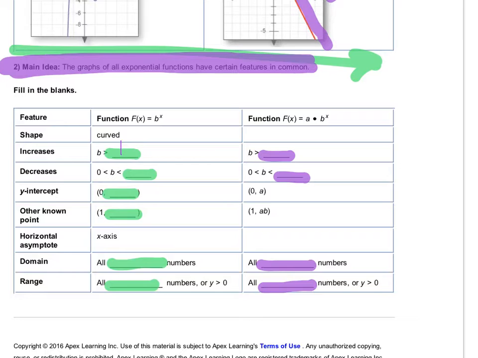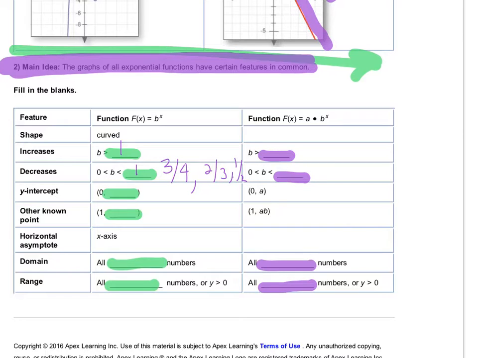It decreases if b is greater than 0 but less than 1. An example there would be a fraction like 3/4, or 2/3, or even a half. That would be an example of decreasing.